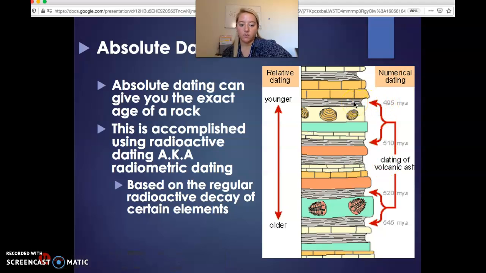This one was formed 494 million years ago, this one was created 510 million years ago, while this one was created 545 million years ago. We do that by determining and then calculating the remaining concentration, or the remaining amount, of elements in a rock.